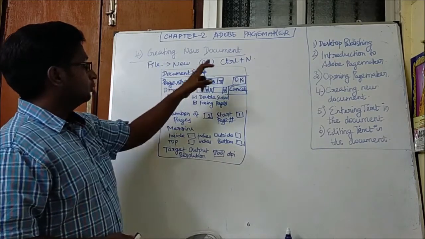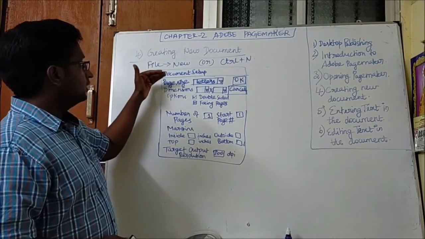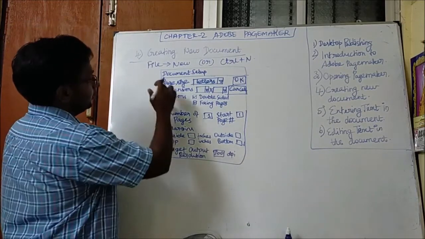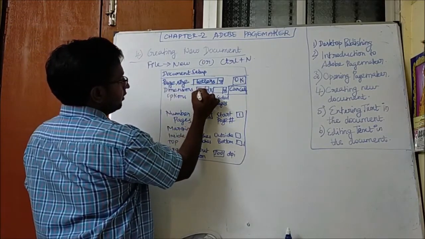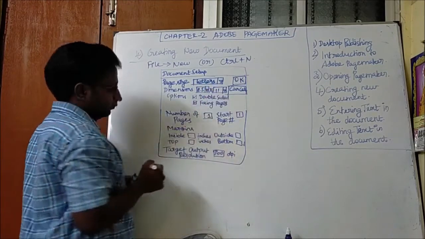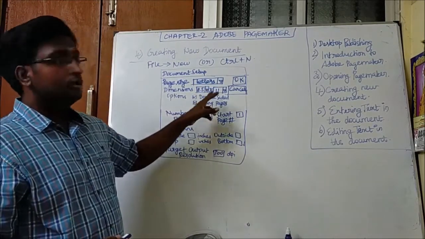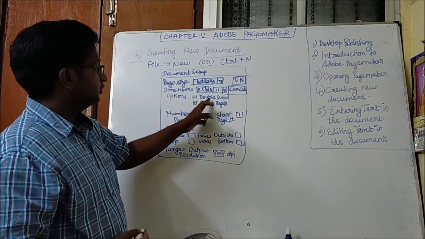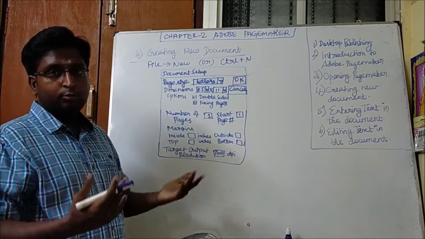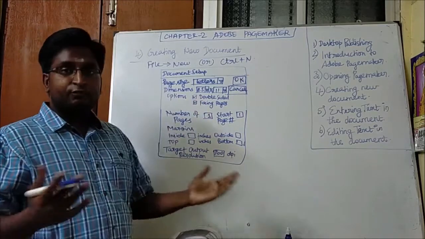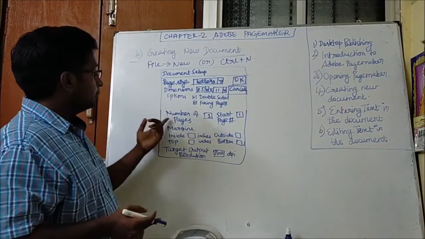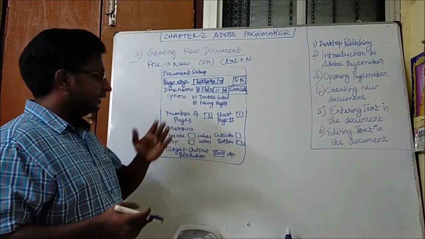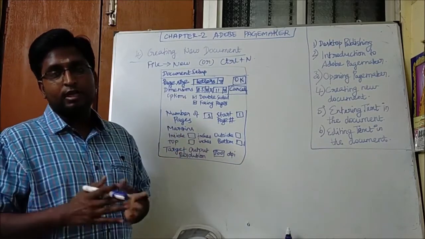In this Document Setup dialog box, you will have the page size and the dimensions. When you select the page size, the dimensions automatically change. We can also have our own dimensions, and you will have various options like double-sided document, facing pages like folding inwards, number of pages, the start page number, and the margins, the gap between the inner margin and the outer margin.